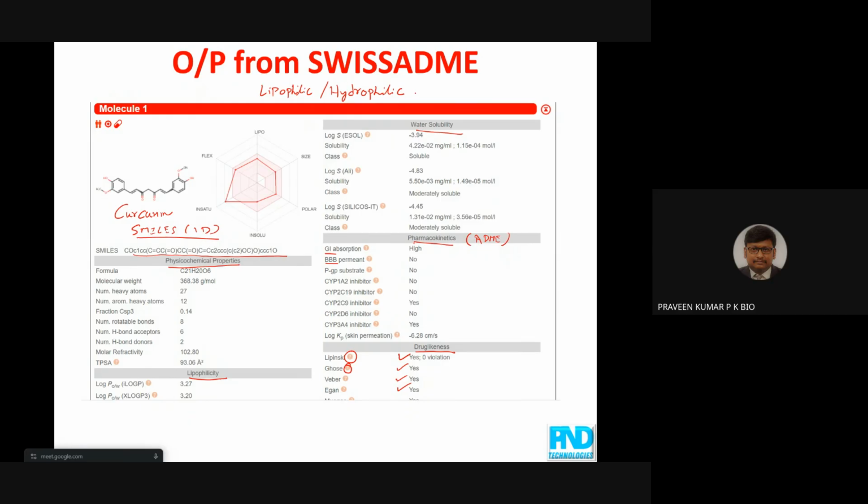In a hydrophilic drug, you find many polar groups, and in a lipophilic drug, we have more non-polar groups. Our compound is not going to penetrate the brain. The brain is more lipophilic.